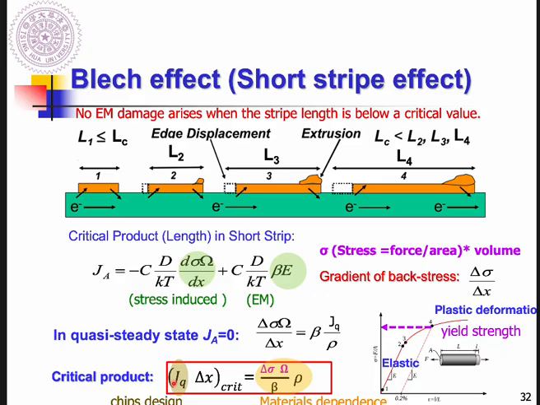As long as you know which material you use for the wire and you have determined the current density, you can get the critical line length for the conducting wire. So you can calculate the safest wire length that will not suffer EM-induced damage.